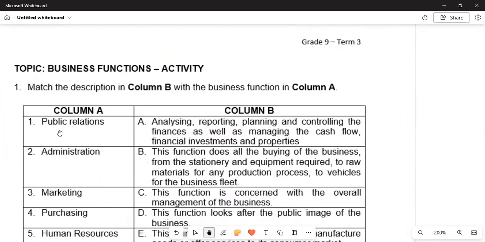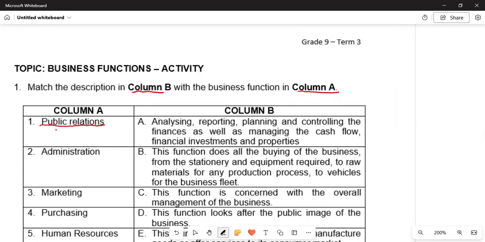So the question here says, match the description in column B with the business function in column A. The first one in column A is public relations. Remember, we talked about public relations, where we said it is managing the company's reputation and image.